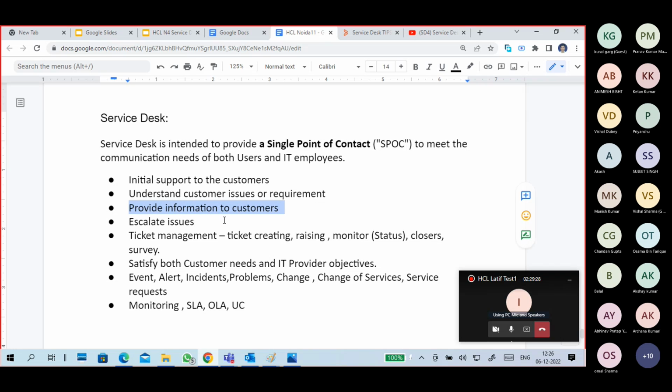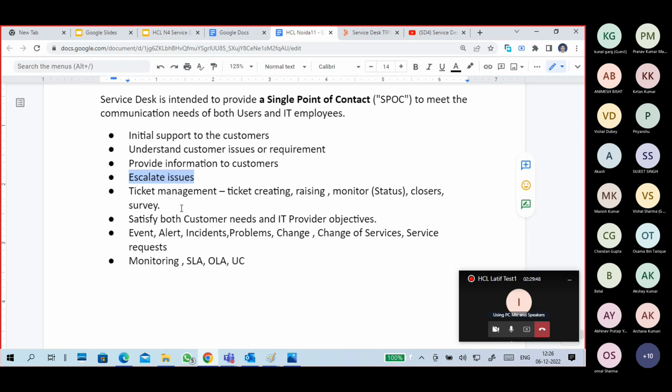Provide information to the customers. If the customer requires certain information, give them the relevant information. So if an issue is not resolved, escalate it to the other level, the other expert team. This is what the service desk will do.